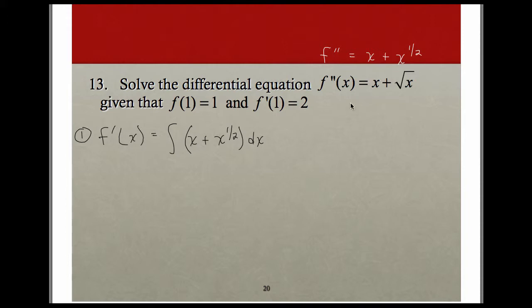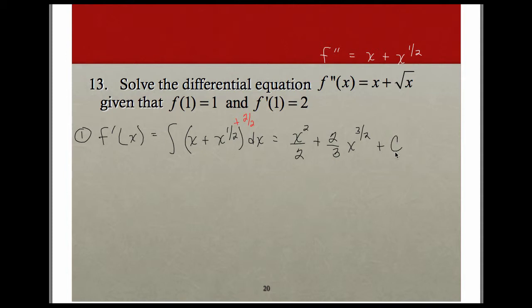So antiderivative of x is going to be x squared over 2. Antiderivative of x to the 1/2, remember you're adding 1 to the exponent, and then you're going to divide by that new exponent, okay? So that gives us x to the 3/2, but then we're dividing by 3/2, so that means we end up multiplying by 2/3. And then, of course, plus c.